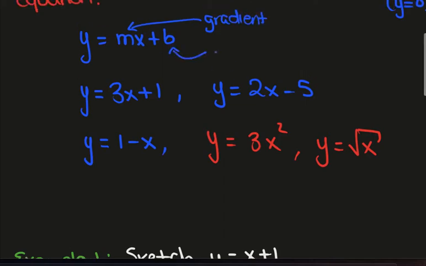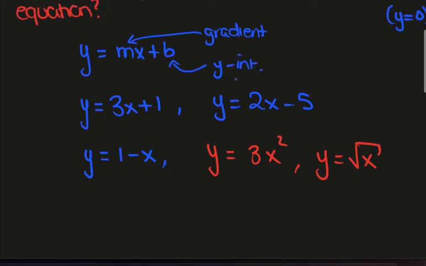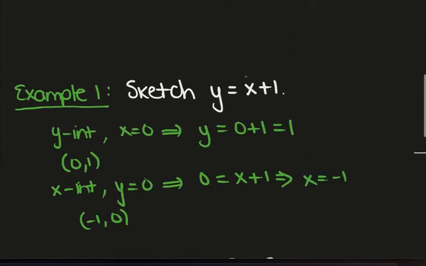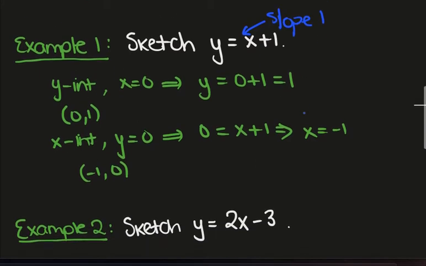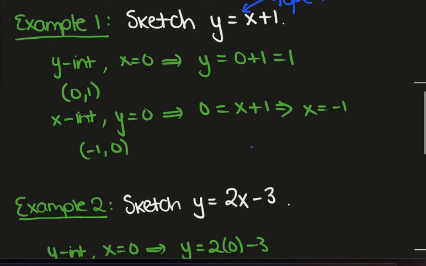While this b term will give us the y-intercept at all times. So the gradient is the extent to which the line is steep, so it represents the slope. And this has a slope of 1. While here we have a slope of 2.